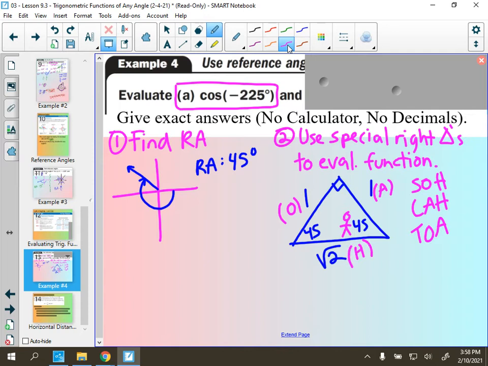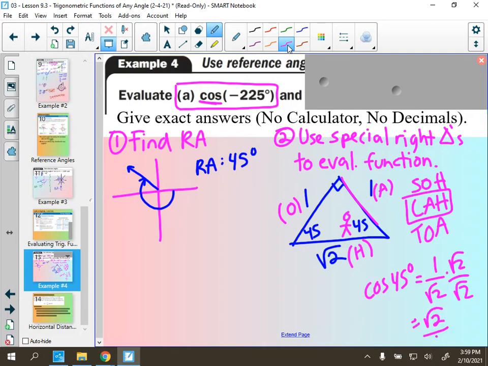Okay, no problem. Cosine is the one we're particularly interested in. So the cosine of 45 degrees is equal to the adjacent length over the hypotenuse length, which is the square root of 2. And we've done so much of this simplifying: square root of 2 over 2.